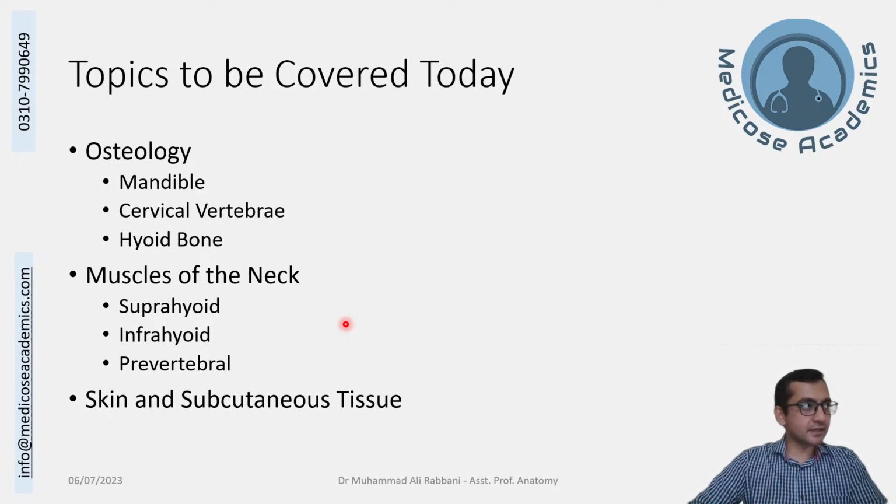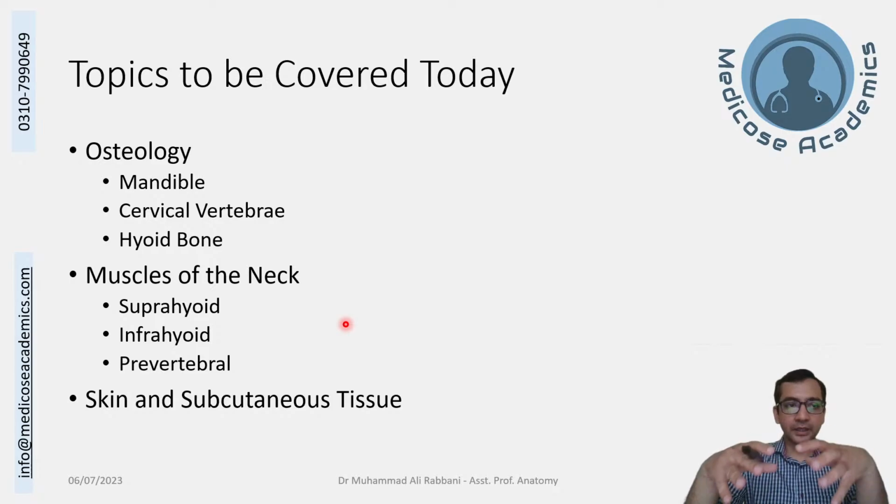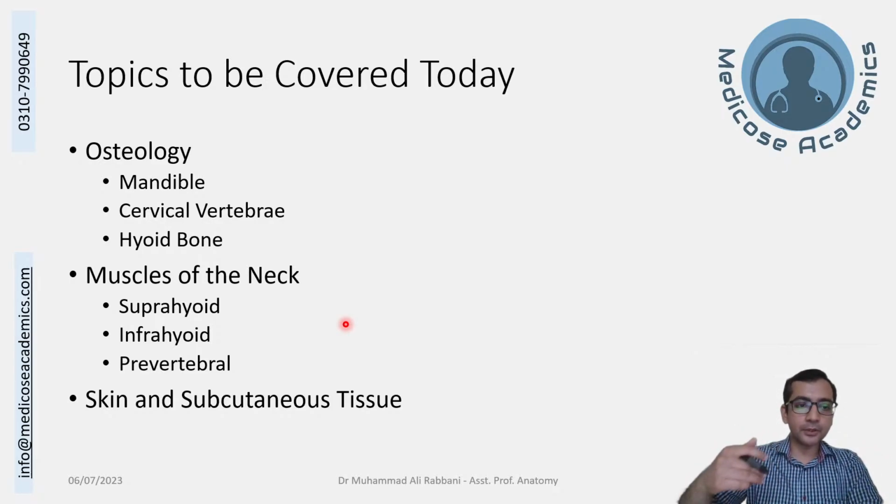So my basic focus, my target is to get the basic skeleton of the neck. If you get the understanding of the skeleton of the neck, that includes the mandible at the upper end and the vertebra at back and one hanging bone here, the hyoid bone, and the muscles that are surrounding them, then we will be able to put the structures between them.